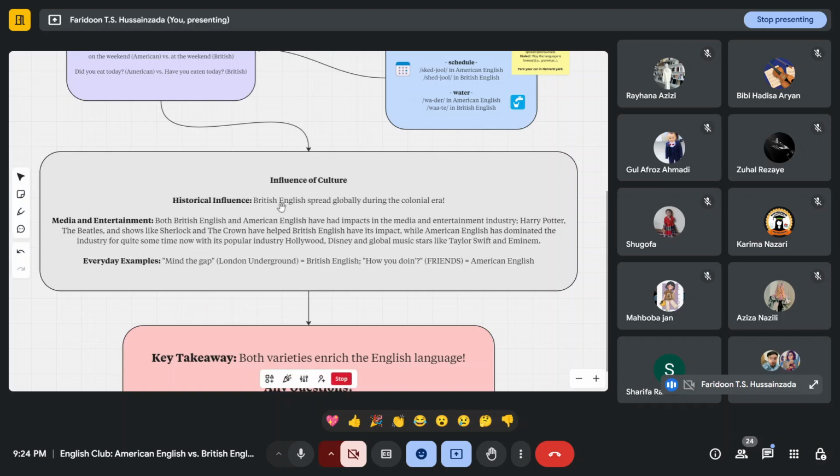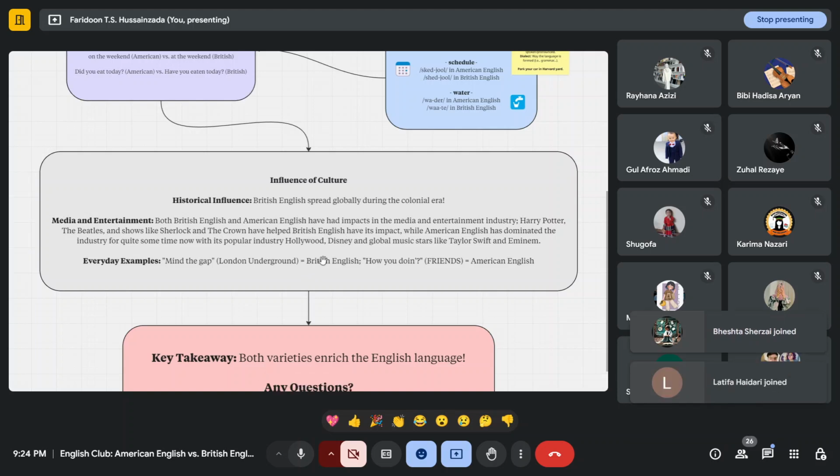But when we said that both of them have bigger influences and have impacts on the world that other English varieties don't, like Canadian English is not as big, Australian English is not as big, Scottish English is not as big. That is because they are not as big.